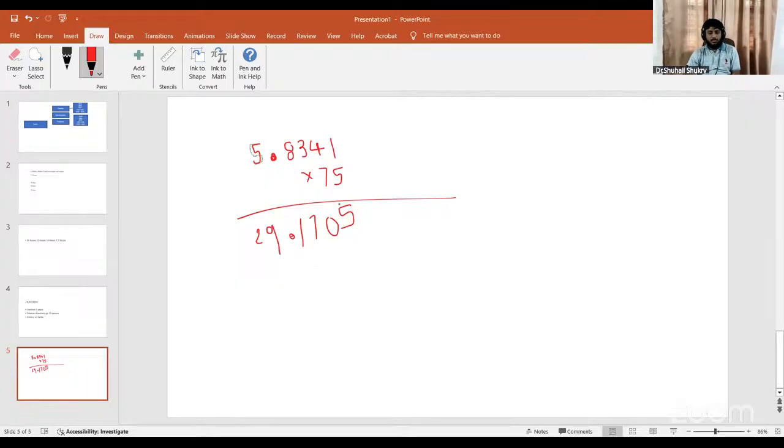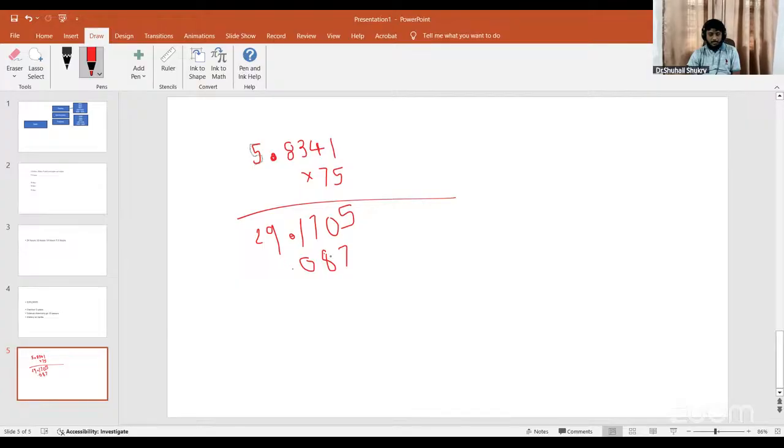Now this one, 7 into 1, 7. 7 into 4, 28. 7 into 3, 21, 30. Then 7 into 8, 56.